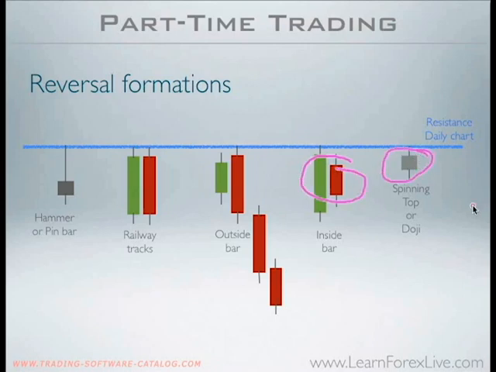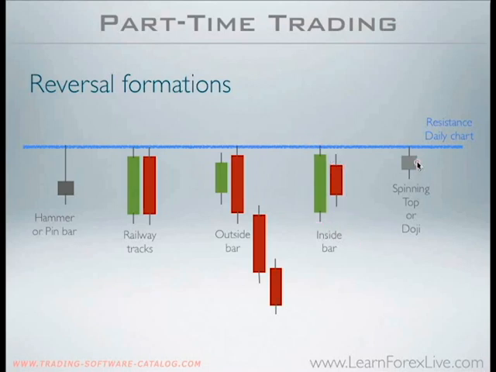Price is not giving us any clue yet on these last two candles, and therefore, as I was mentioning before, the quality of those trading setups is just lower. All right. So on the inside bar, what we usually get, by definition, is a high lower than the previous bar's high, and a low higher than the previous bar's low. So the previous bar is totally engulfing the current bar.